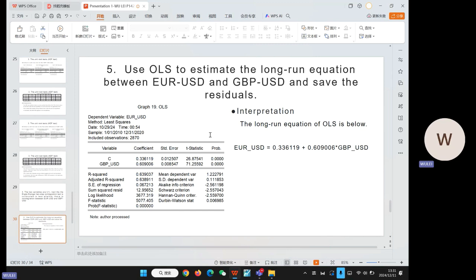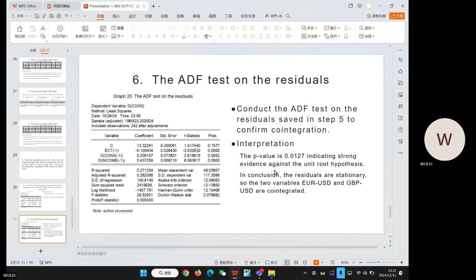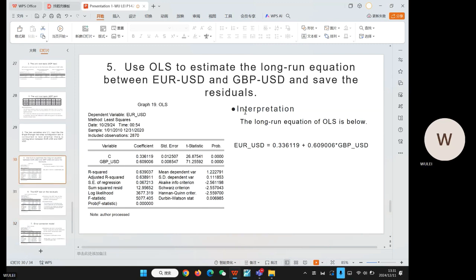The long-run equation of OLS is below in the picture on the left. We can see that there is a positive relationship between the two variables.